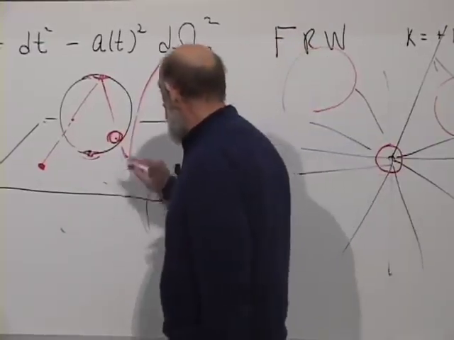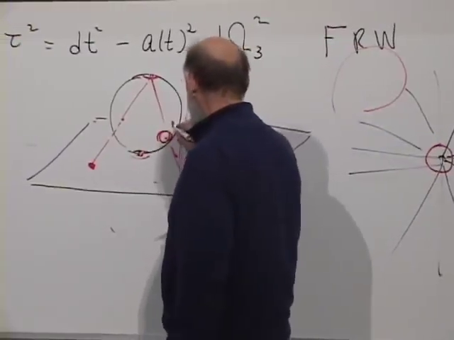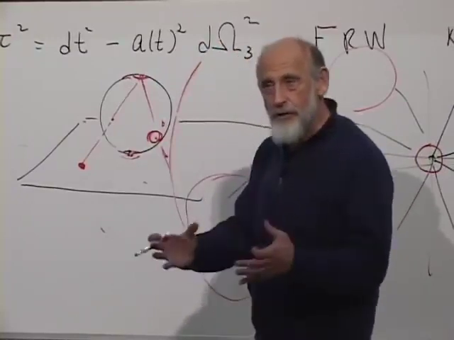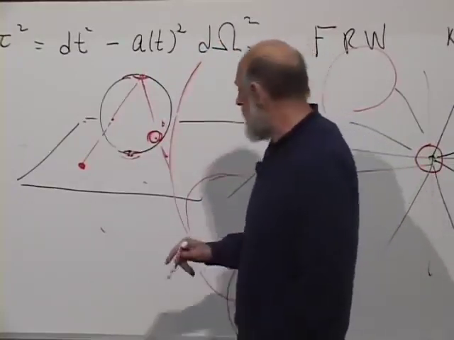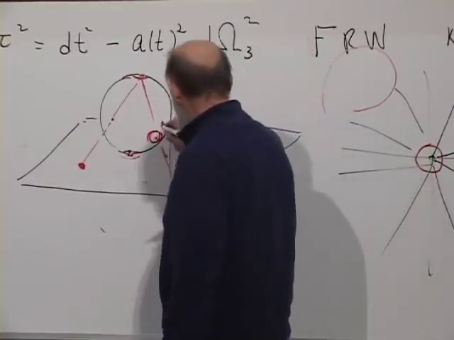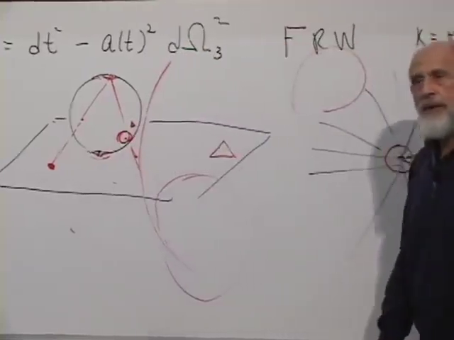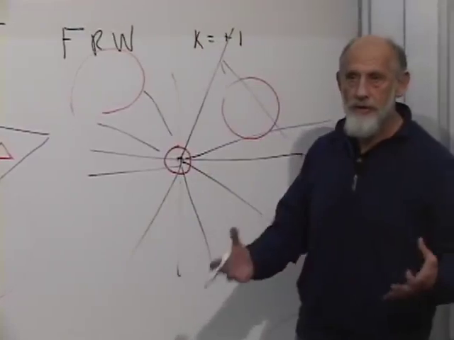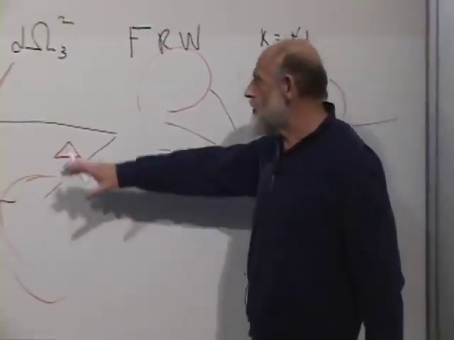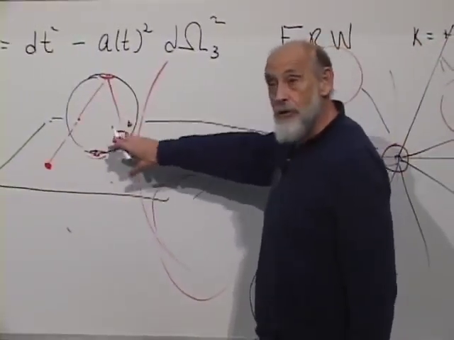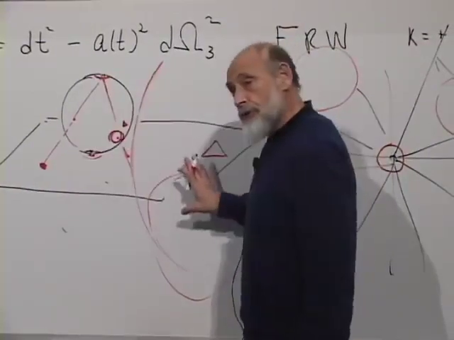The weaker statement is that small things, and now you have to think about differentially small things, small objects will have the same shape. Same shape means same ratio of sides and so forth. So this is a shape preserving mapping, at least for small shapes.